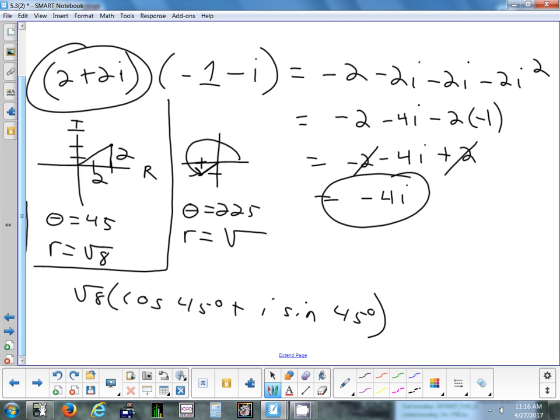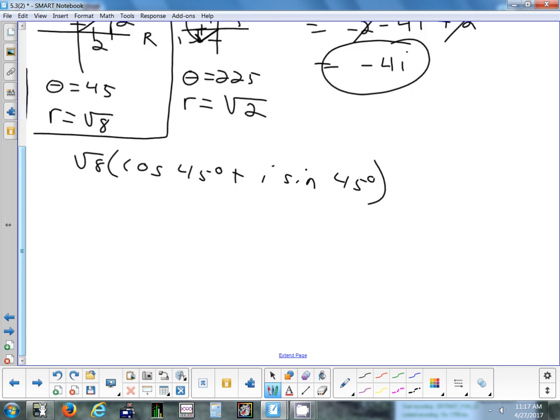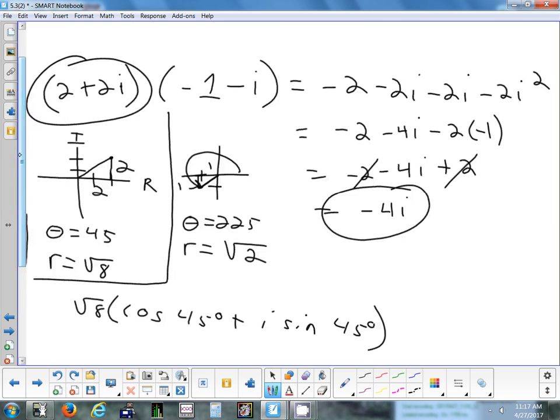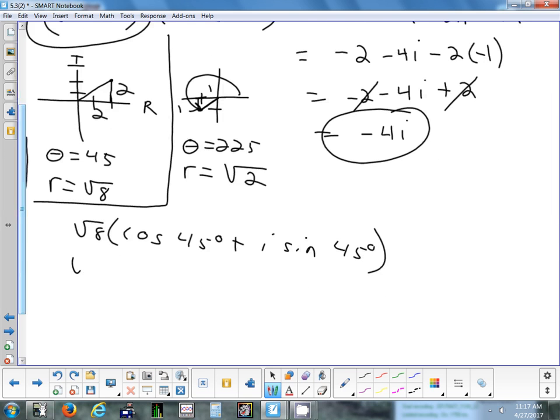And radius, if you use the Pythagorean theorem, each side of the triangle is 1 unit. So what's my radius? Square root of 2. Okay, so my second complex number, writing it in polar, is r cosine theta plus i sine theta.